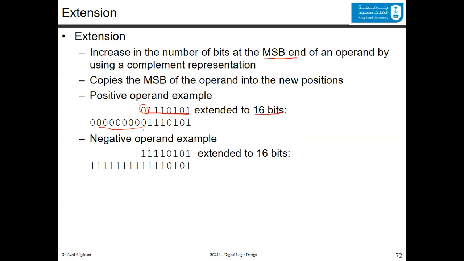You extend the sign. If it is 0 indicating a positive number, you extend zeros. If it is a negative number, then you extend ones to generate their 16-bit version.